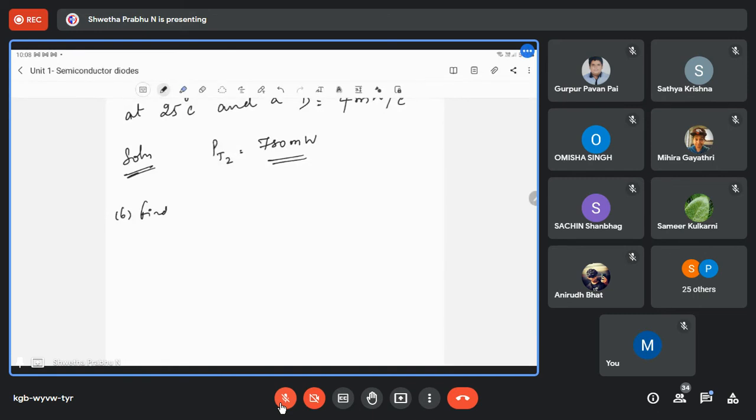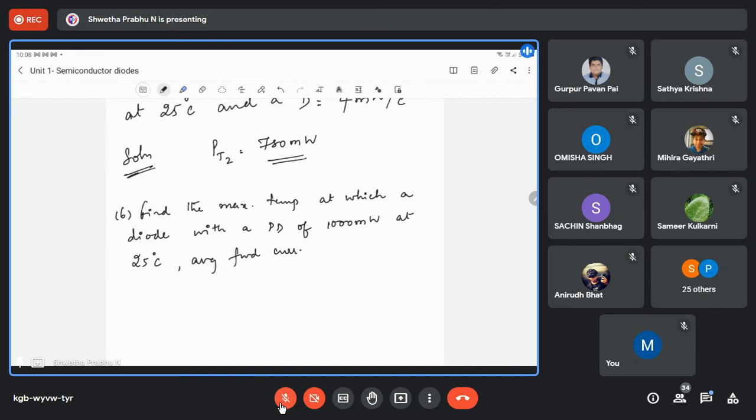Find the maximum temperature at which a diode with a maximum power dissipation of 1000 milliwatt at 25 degrees Celsius, the average forward current of 500 milliamperes is flowing through the diode.